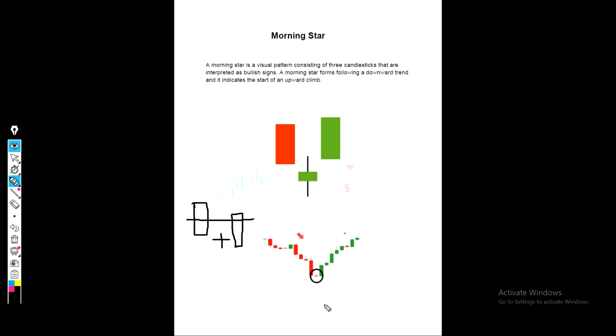So here at this level you can see that this is a downtrend, and these 1, 2 and 3, if we combine these three candlesticks, we can term it a morning star pattern, because the third candle has taken out 50% of its first candle. This kind of pattern we may often see at the support level of any chart pattern.